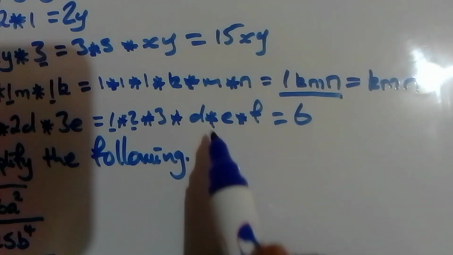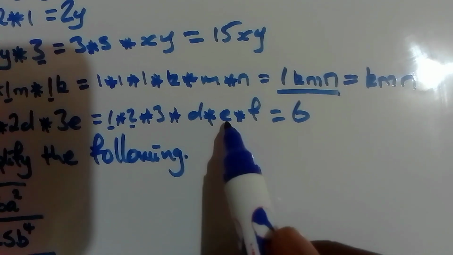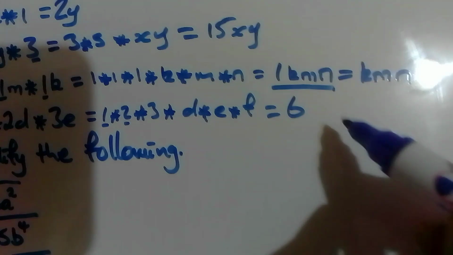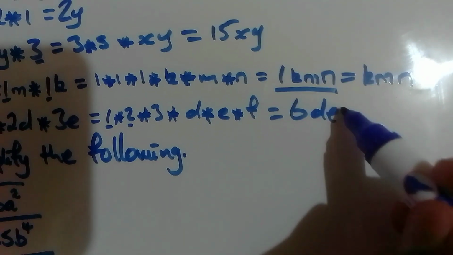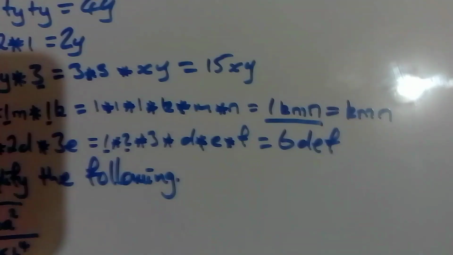So our numerical value is equal to 6. Then we've got D multiplied by E, which is DE, and DE multiplied by F is DEF. And just like that, this is the simplest way to write these expressions which were provided.